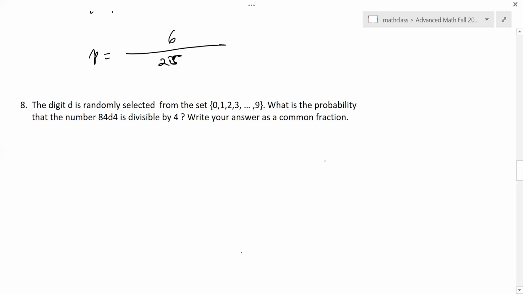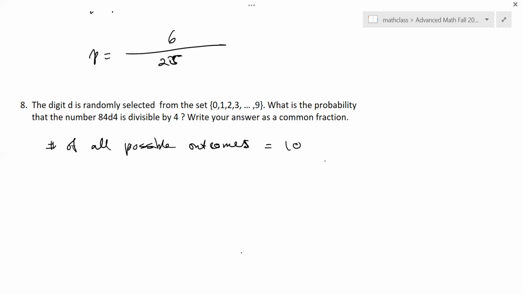Okay, so first of all, the number of all possible outcomes is easy, just 10, because there are 10 digits you can choose. It's one step.